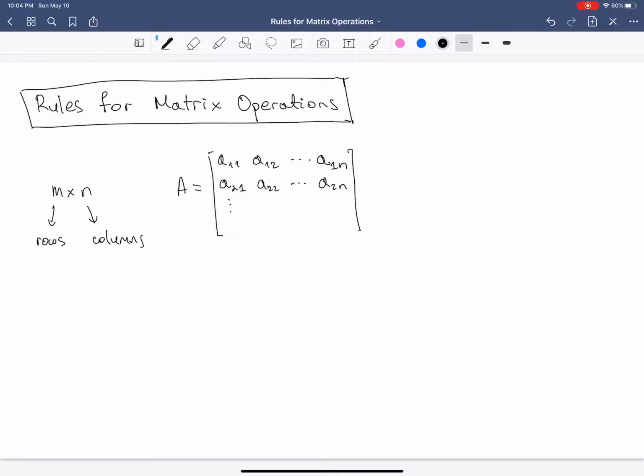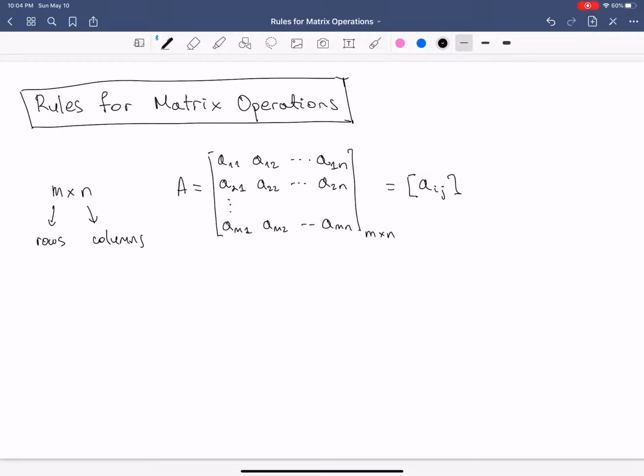And then the last row will be Am1, Am2 all the way to Amn. So this is an m by n matrix, which we write in the lower right corner. The entries are A. Sometimes we also write this A in this way, Aij.